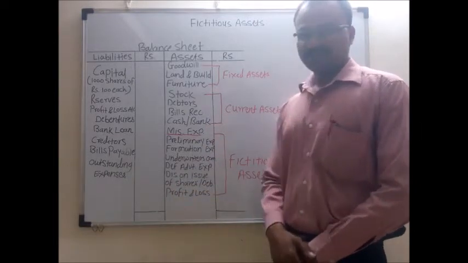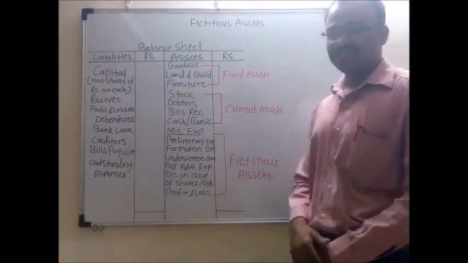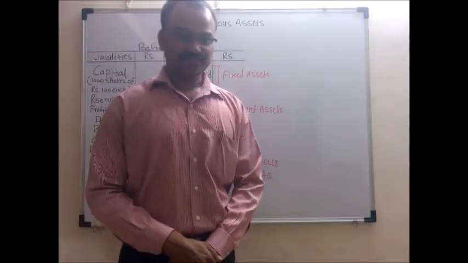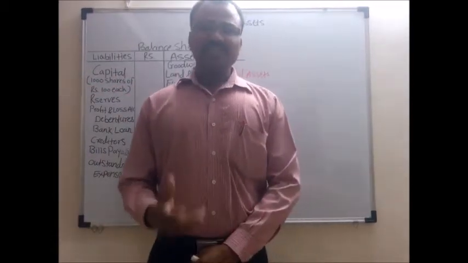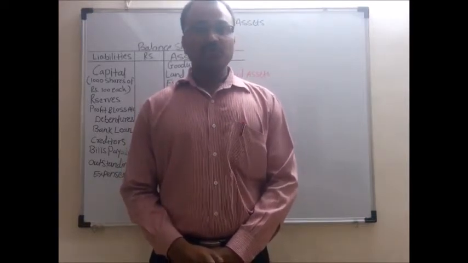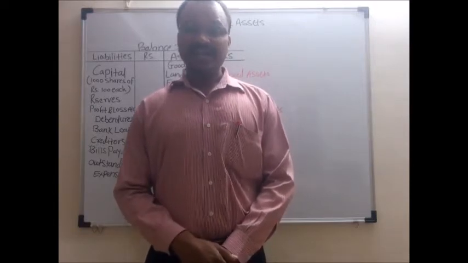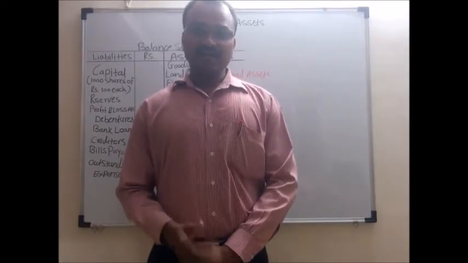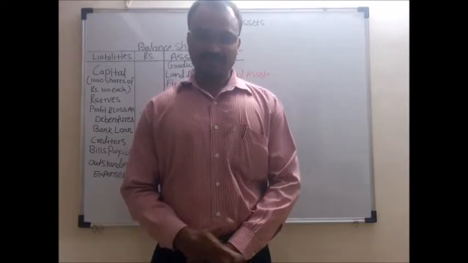All these items are considered fictitious assets of the business. Fictitious assets are those assets which do not have a physical form and real value. These assets are basically revenue expenditure in the nature of capital expenditure.